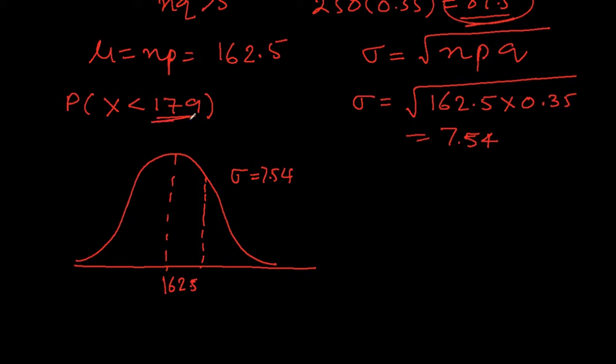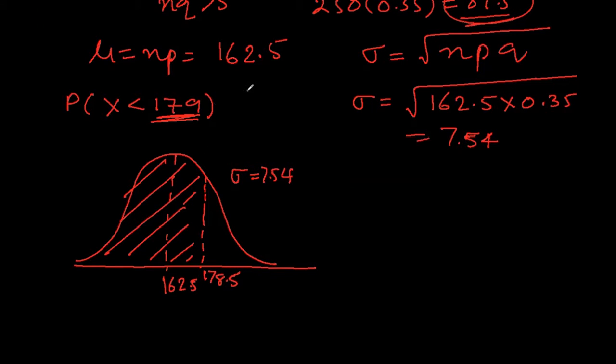Since they want less than 179 and it's discrete data, number of children are discrete, we can have 178 or less than this. So in place of X, we will not use 179, we will use 178.5 so that we get less than 178.5. And what is less than 178.5? 178. That's what we want.